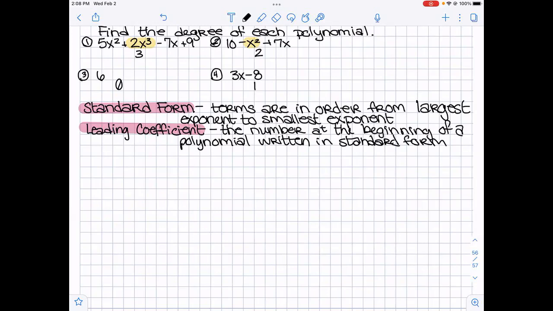So you write this in order in standard form, and then whatever number ends up at the front, that's the leading coefficient. Okay.